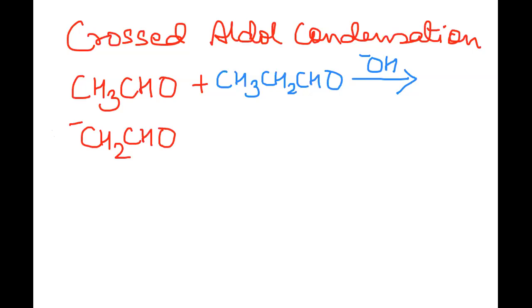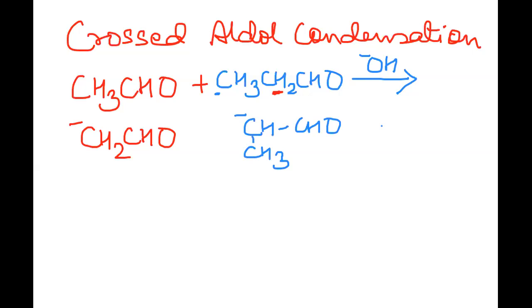And when it attacks the CH3-CH2-CHO, then alpha hydrogen will be lost. So the hydrogen from this carbon will be lost. So you will get a nucleophile which is going to be CH minus, CH3 and a CHO. Remember, it is not the terminal carbon that will get the negative charge. It is the alpha carbon which will lose the hydrogen to form a CH negative and attach to one side CH3 and the other side the aldehyde group.